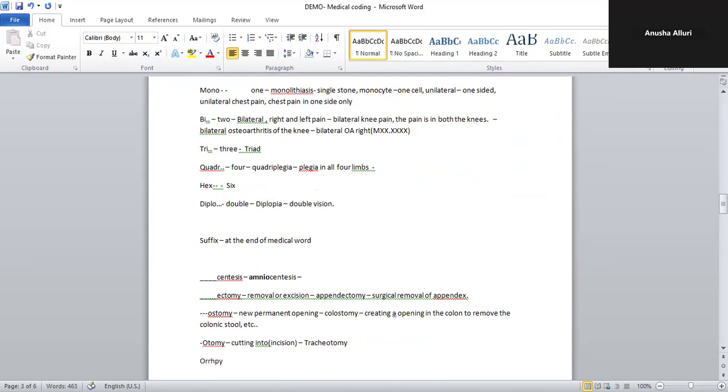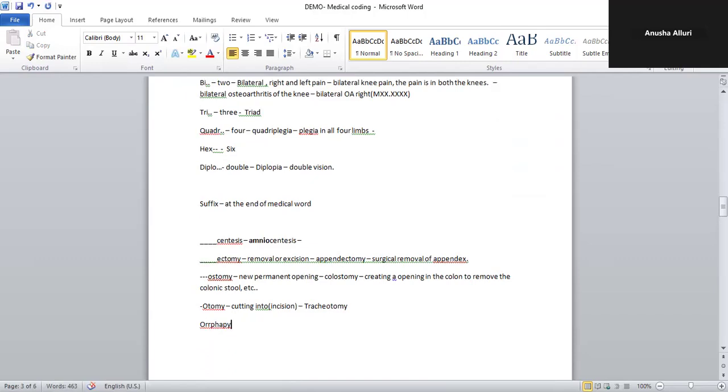For AAPC you have to learn the prefixes and suffixes. Plasty means surgical repair or fixation, like otoplasty. Rhinoplasty is an example: surgical repair of the nose.